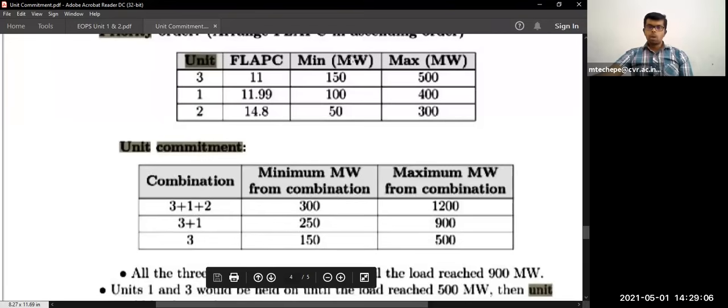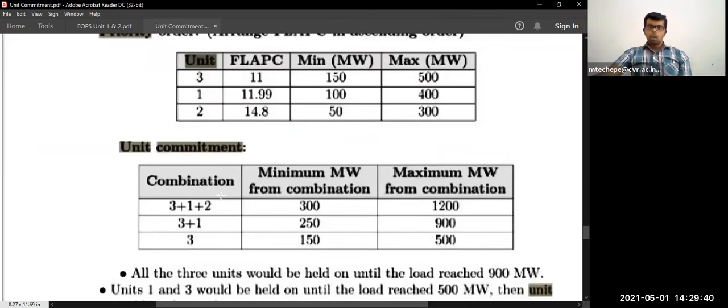From the 300 megawatts we can easily manage even 150, 100, or 50 megawatt if we install with this combination. If you install the minimum generating unit as 300 megawatt, we can simply manage the three generating units. Whatever it is, 150 you can manage, 100 alone you can manage, 50 also you can manage. Next, the maximum megawatt combination.